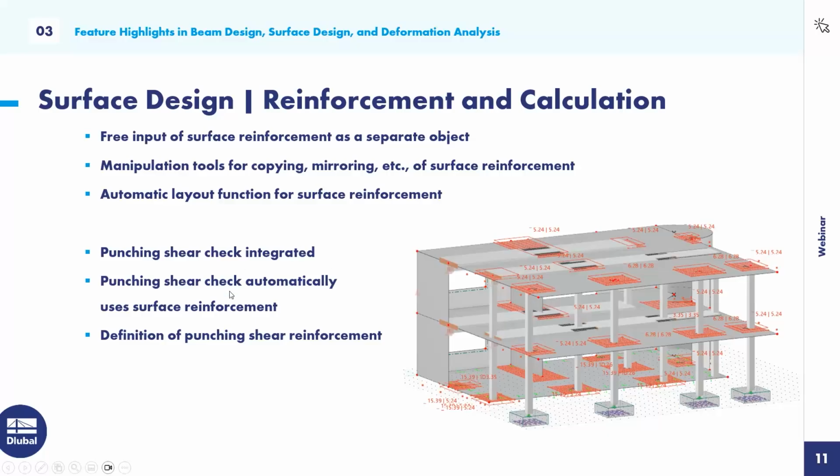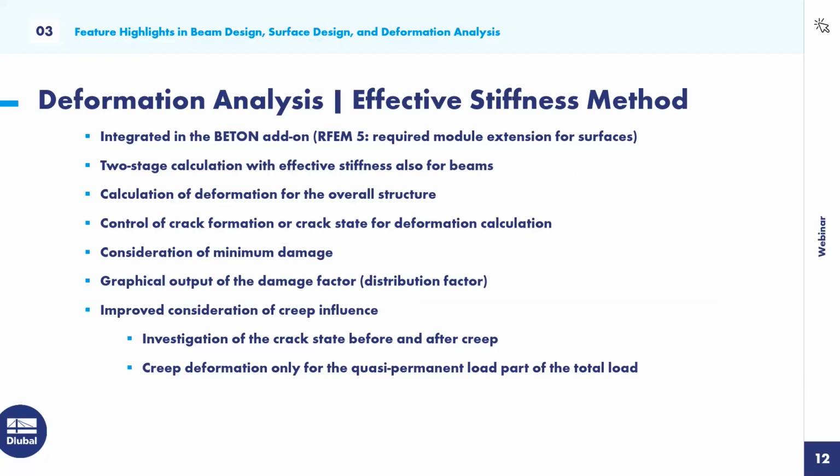In RFEM 5, you have to define the longitudinal reinforcement in the add-on RF-PUNCHING Pro separately and again, or additionally is the right word. And what is now also new, we are able to define a punching shear reinforcement in RFEM 6. So you can define the shear reinforcement for punching, and then we make the design check and the proof for the punching design.